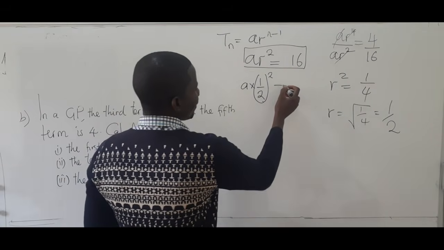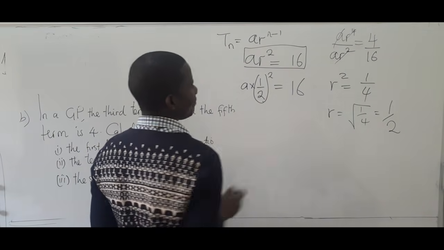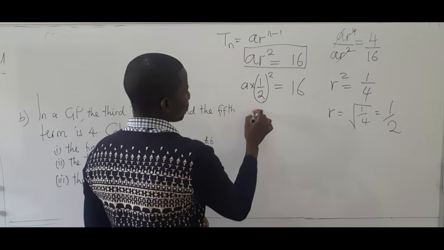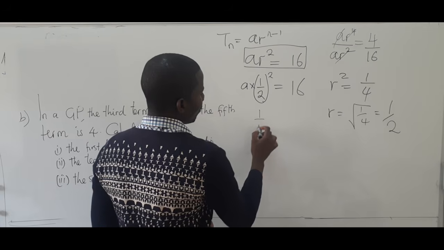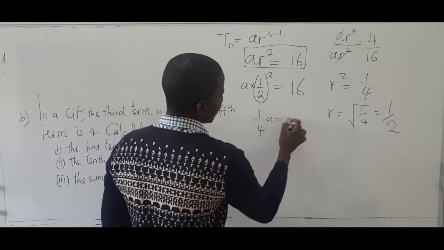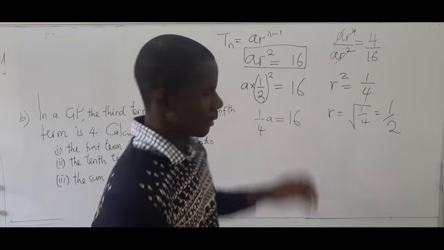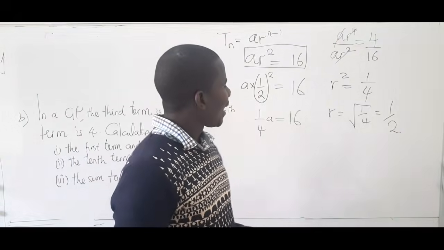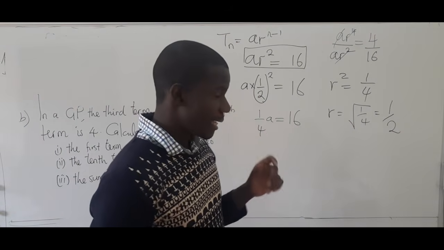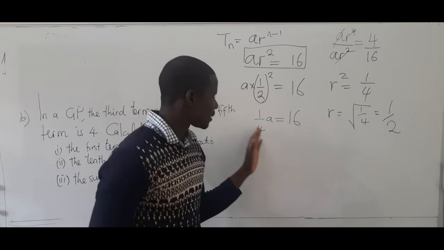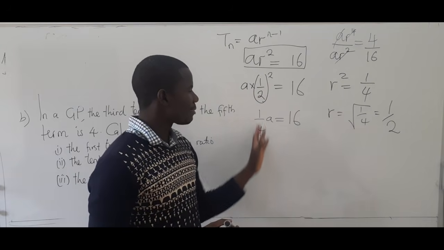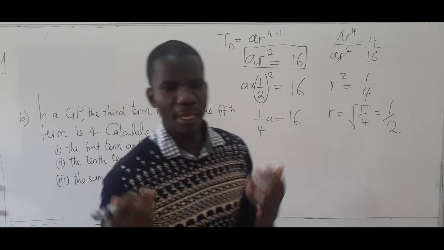So 1 over 2, then we have 16. When you work out this one, it's going to give you 1 over 4 A is equal to 16. At this point, we need to multiply both sides by the multiplicative inverse of 4, so that we remain with A alone.